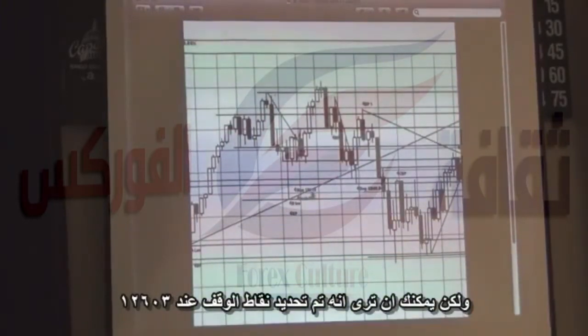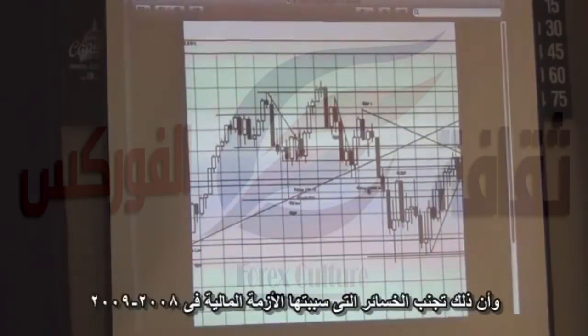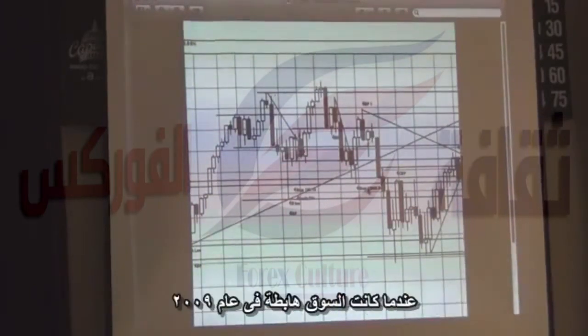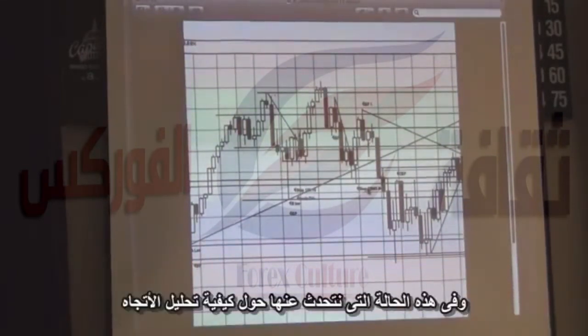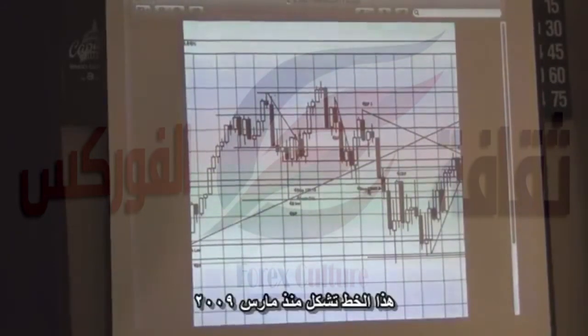The stop was 12,603 in January of 2008, and that avoided all the grief and trouble of the 2008-2009 bear market, right down to March of '09. In this particular case, since we're talking about how you analyze trends, this line is coming from March of '09.